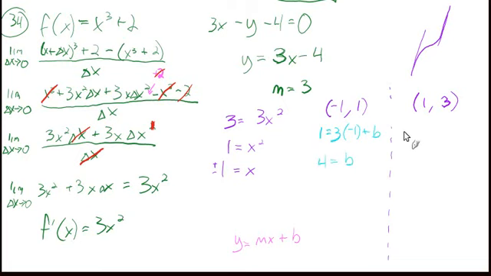Let's do this one. We'll put in the y value for the y equals the slope times x plus the y-intercept. This is going to be a +3, subtract 3 on both sides, and I'll have 0 is the y-intercept for this guy.